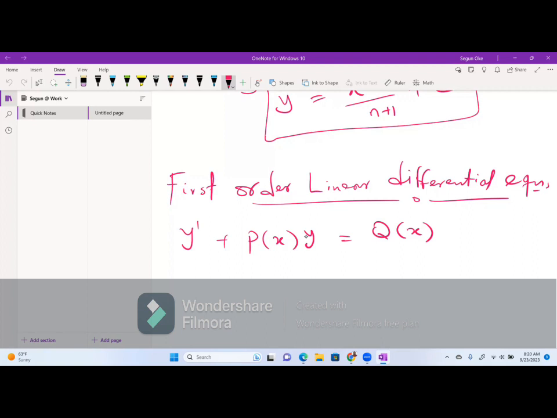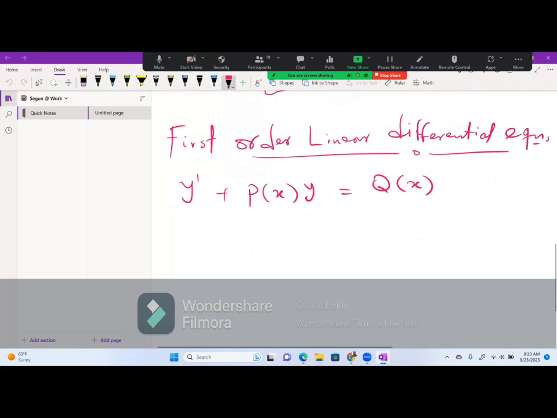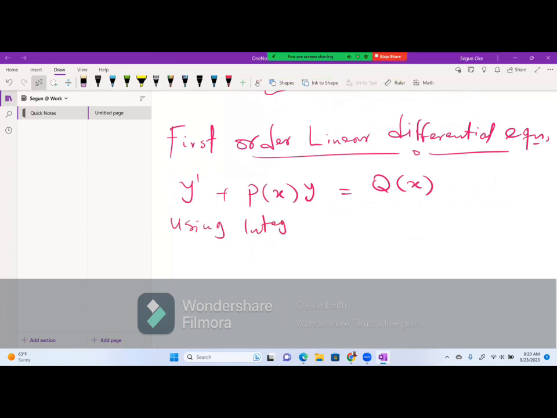When you have this type of question, using the integrating factor, what do we have here?